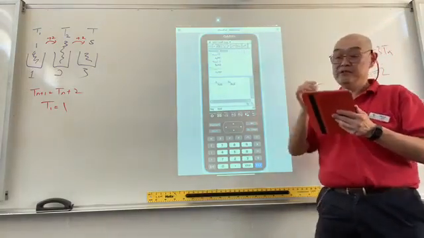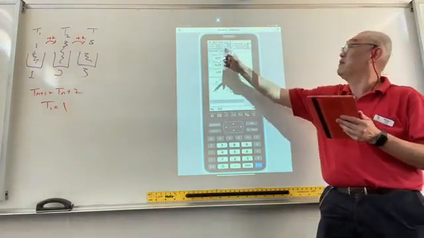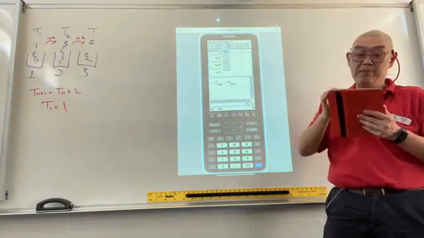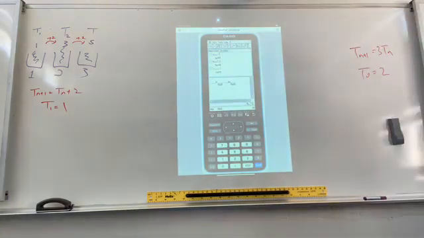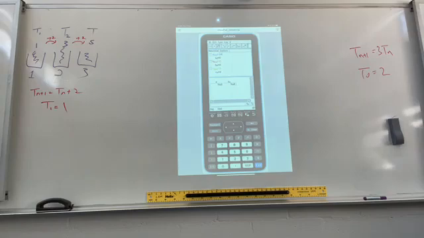You can use this, or you can use this little button as well. This time it's a(n+1) equals 3 times a(n), and a naught is 2. Tap and click.